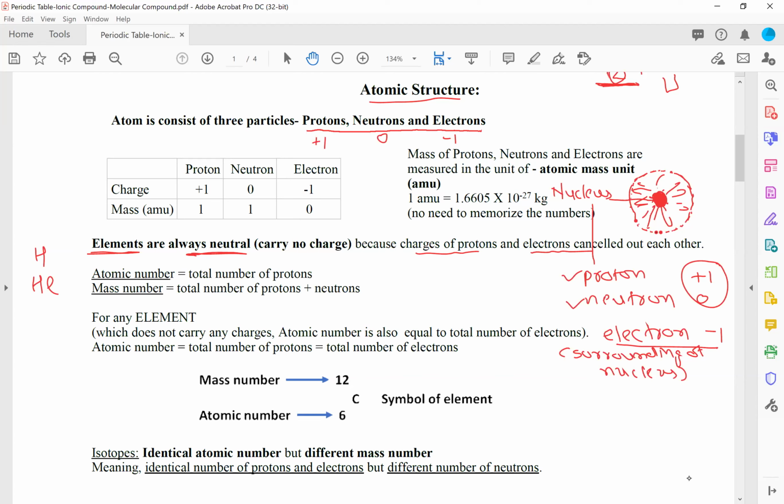The positive charge and the negative charge cancel out each other, and that's why the element overall does not carry any charge. Within the atom, we have positive charge in the nucleus and negative charge surrounding the nucleus, but both eventually cancel out, and that's why all the elements in the periodic table are always neutral.